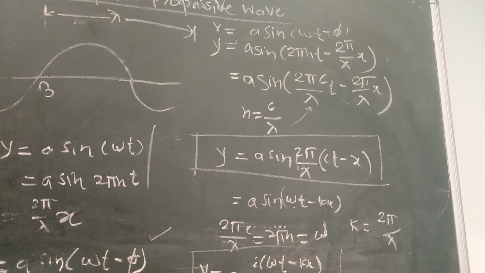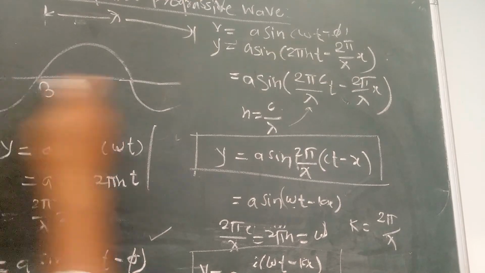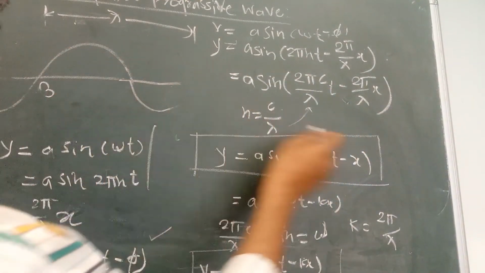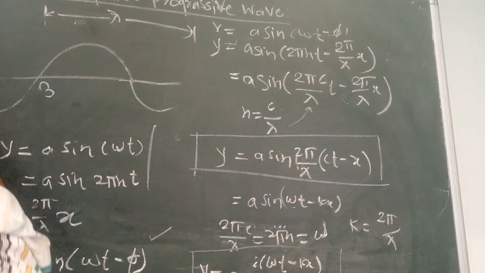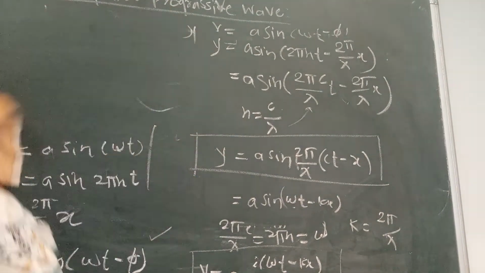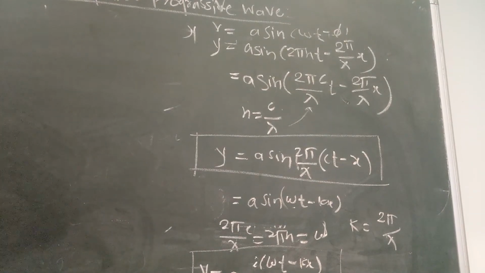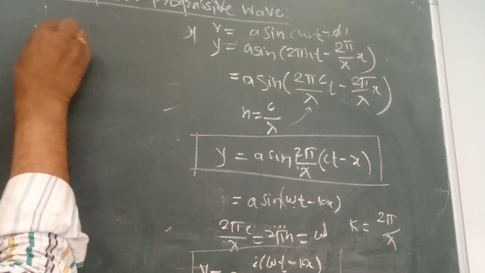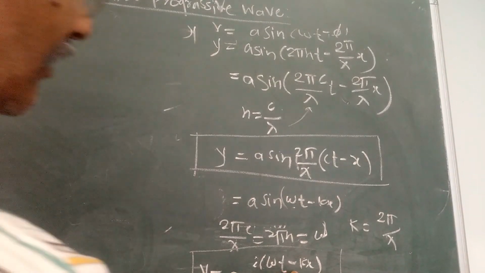Suppose this wave is in the negative x direction. Then the equation is written with the only difference that the minus sign becomes plus.